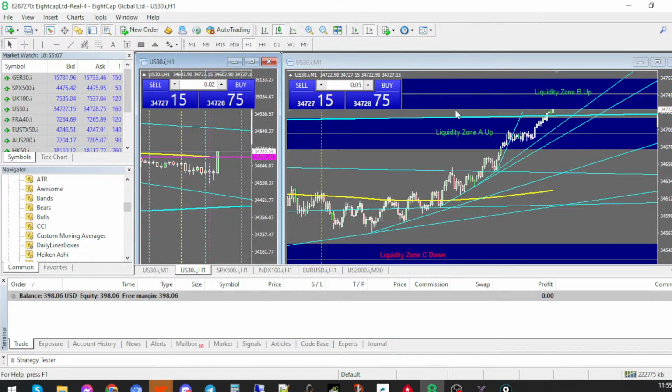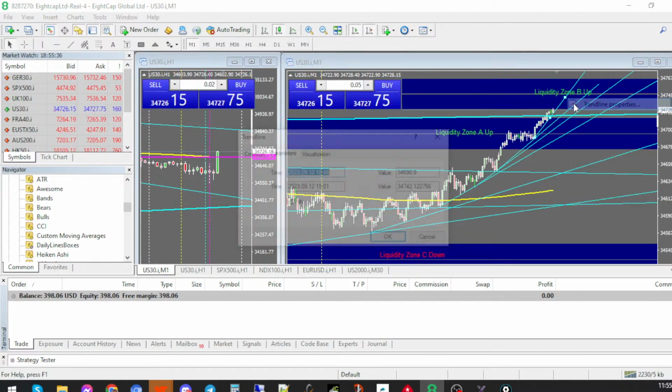All right, so the B zone looks like it's officially hit. So I'm going to adjust. This is going to be my first break. Actually, no, that's my second break, and this is going to be my first break.